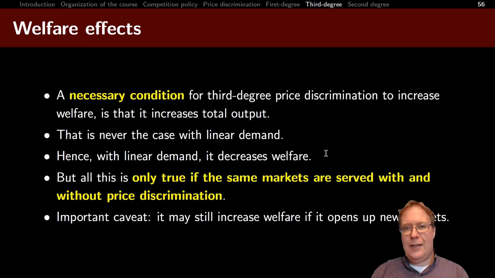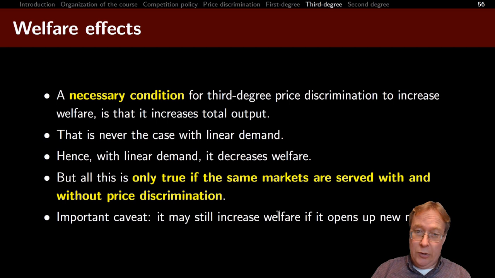There's one important exception, sorry, is that this is only true if the same markets are served with and without price discrimination. So in other words, it may still increase welfare, but it can only increase welfare if it opens up new markets. This is also something that will come along in this week's tutorials.